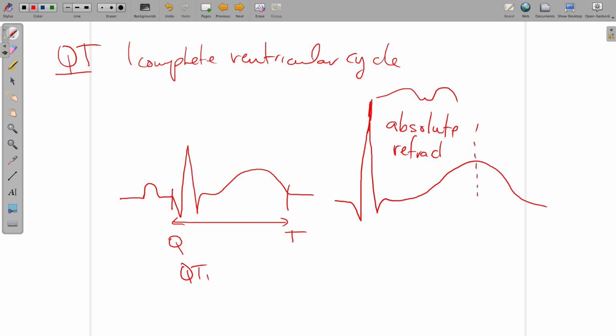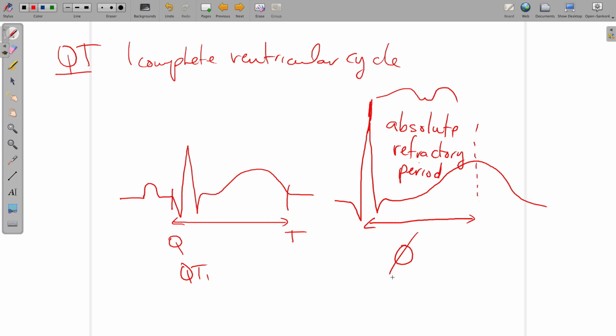The absolute refractory period says that if you were to try to send another signal for depolarization during this time frame, it's similar to the flushing of the toilet analogy. If you were to try to stimulate the tissue here to depolarize again, you would get absolutely nothing. The reason you get nothing is because sodium is not back outside of the cells, potassium is not back inside the cells.